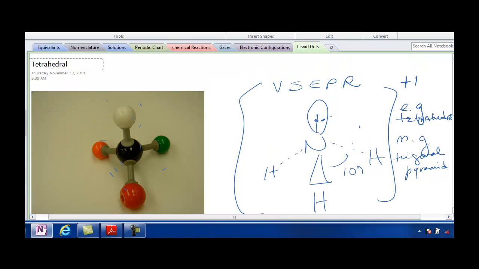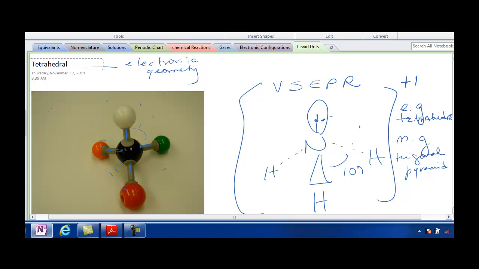Okay, so tetrahedral is electronic geometry, because I have 1, 2, 3, 4 negatively charged clouds that repel each other, and they're going to want to be 109 degrees from one another. That's one thing.